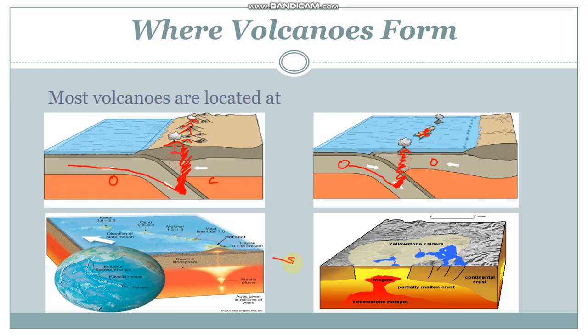And these two tectonic settings are not plate boundaries. This is a hot spot underneath an oceanic crust that melts through the oceanic crust and forms a linear island chain, like the Hawaiian Islands.